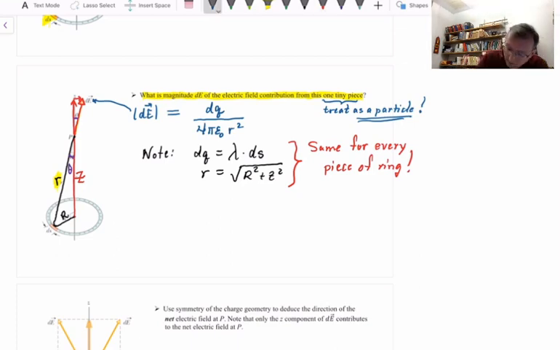Let me say a word about the direction of dE, because dE is an arrow with a direction as well as a magnitude.